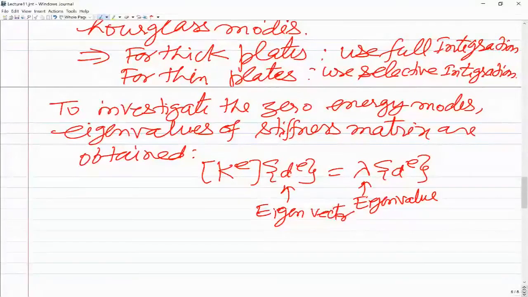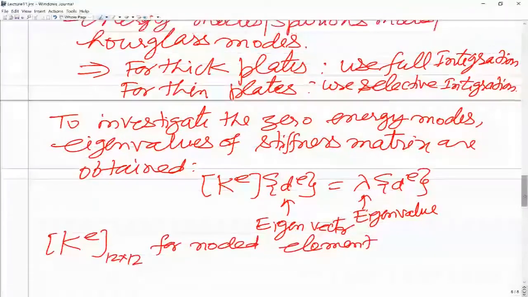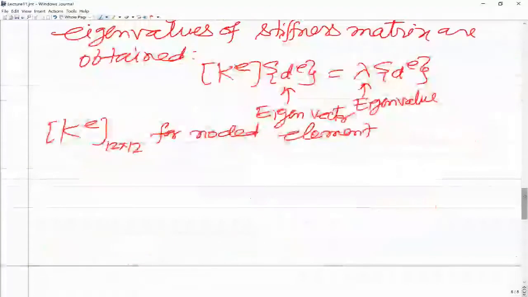Now if you look at this element stiffness matrix KE, the size is 12 by 12, as you know for a 4 noded element. So the total number of eigenvalues you will get is 12.